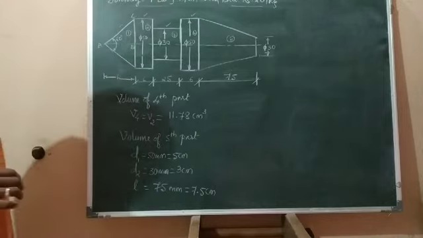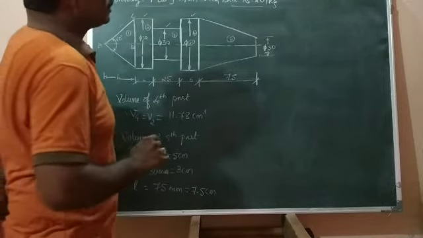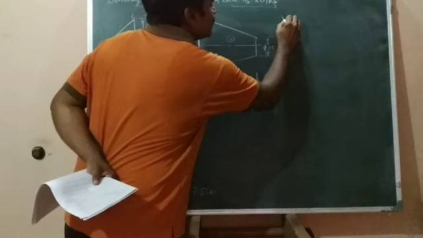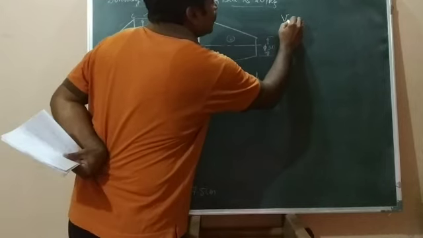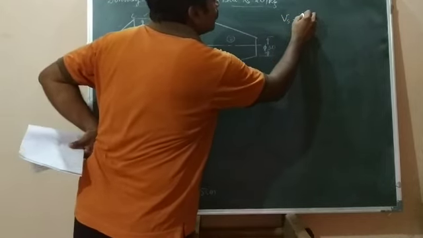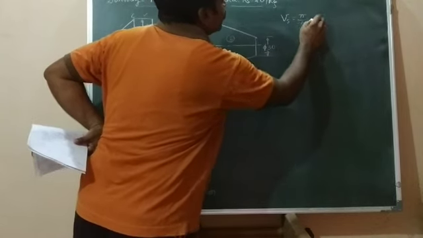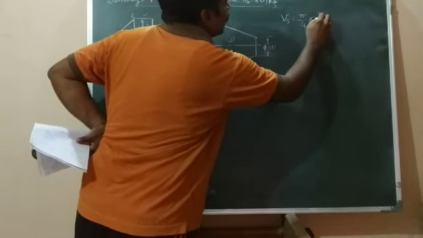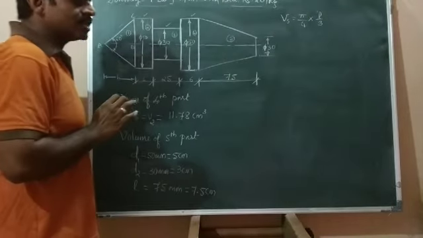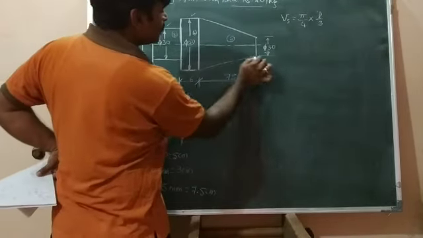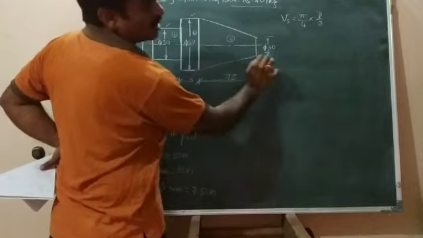Now, how to find volume of fifth part? So just I will write the equation. V5 is equal to pi by 4 into L by 3, or you can take H also. L or H means what? The length or height of the cone.